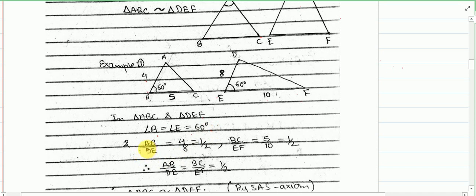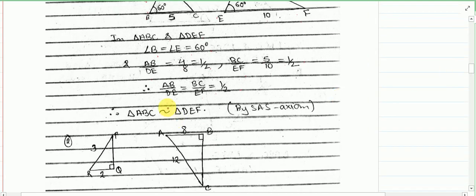Then we observe that AB upon DE is equal to 4 by 8 equal to half, and BC upon EF equal to 5 by 10 equal to half. Therefore AB upon DE is equal to BC upon EF equal to half. So what do we conclude? That the given triangles are similar to each other due to what? Side angle side axiom.